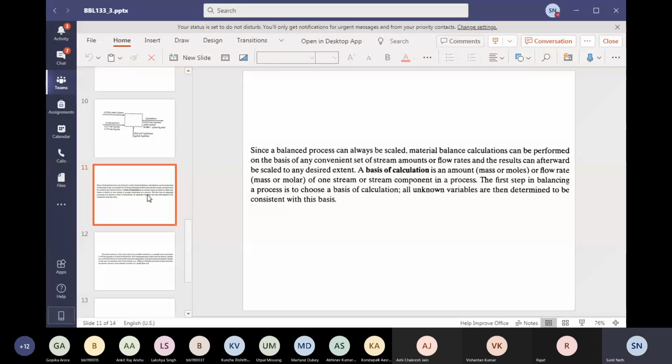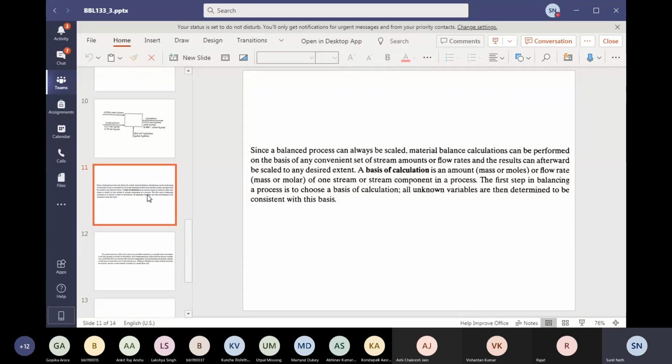All, as it says, are determined to be consistent with this basis. In other words, whatever was to be found out, the symbols that you gave, the Q, the M dots, and so on, you found out based on what you took as basis, right?